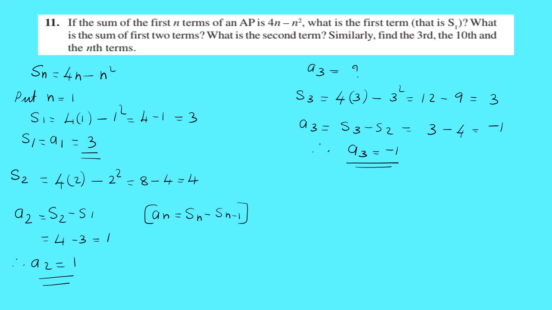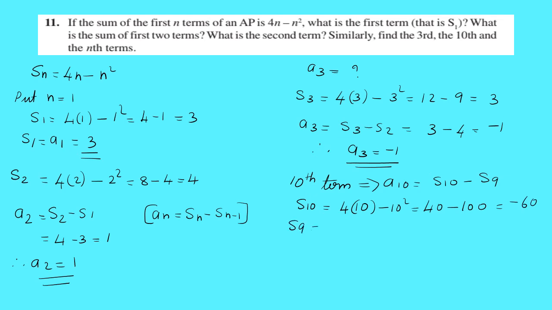Now you have to find the 10th term, that is A10. For that, first you have to find S10 minus S9. S10 equal to 4 multiplied by n is 10 minus 10 square, that is 40 minus 100, that is minus 60.